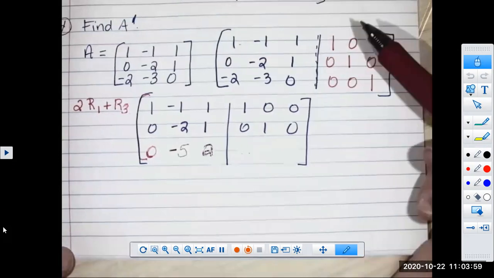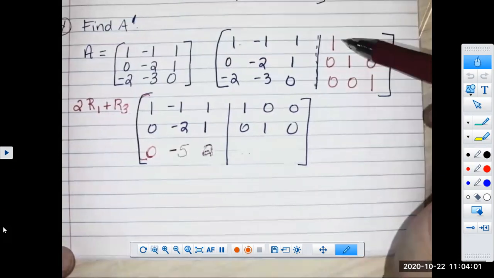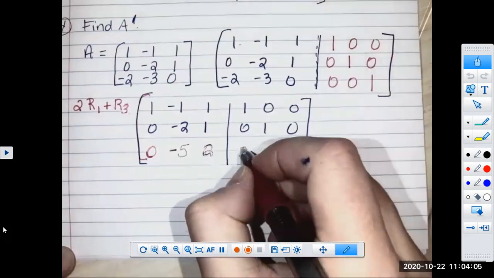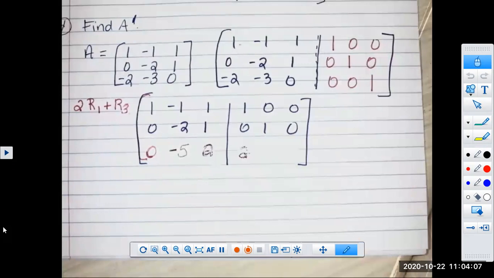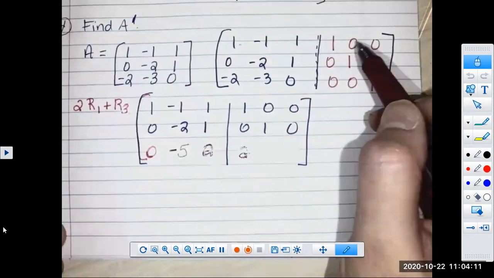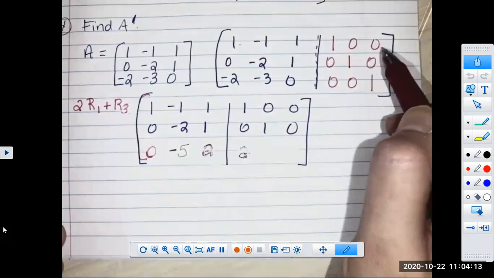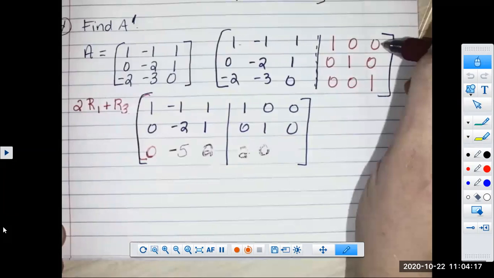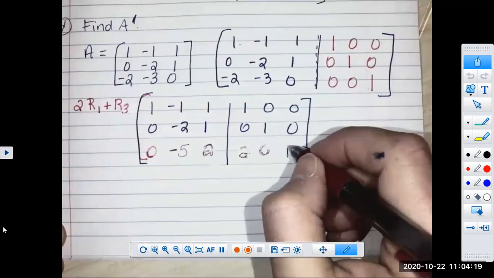This times 2 plus 0 is 2. And then that times 2 is going to give you 0, so 0 plus 0 is 0, and 0 plus 1 stays 1. They're going to stay 0 and 1.